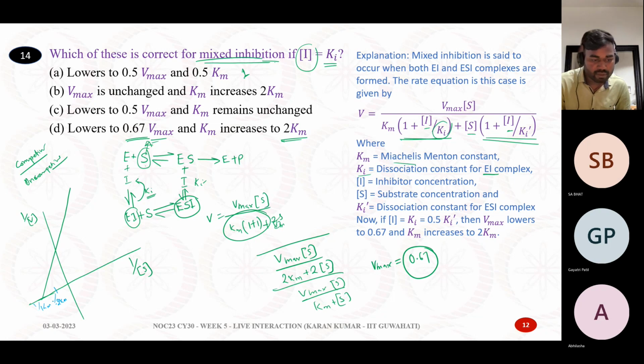This will go to the lower side because it is inverse, right? So it will go to the lower side and 1 by V will be going up. So the slope will be 1/3 higher, 2 by 3. Okay, so this will be the case of mixed inhibition. Your Vmax will be lower, meaning it will go upward because both are double reciprocal plots, and Km will go to the right hand side. You will see this kind of plot.